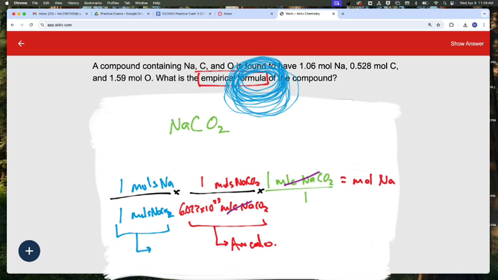Do we like counting atoms and molecules? No, what did we do instead? We count moles instead, which means if I have 1 mole of sodium CO2, how many moles of sodium do I have? 1.